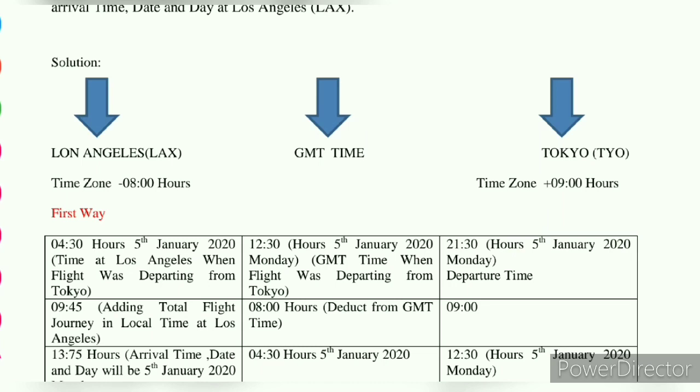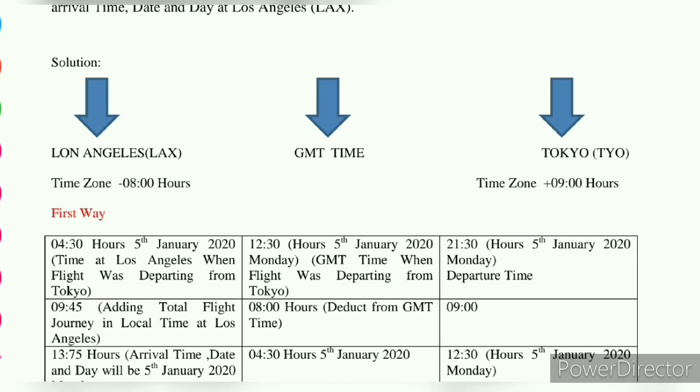So in that case, from the departure time, that is 21 hours 30 minutes, we have to deduct 9 hours. If we deduct 9 hours from the departure time, which is 21 hours 30 minutes, we will get the GMT time. So the time at the GMT location will be 12 hours 30 minutes. That will be the GMT time, and even the date will be the same because we are just going back 9 hours.